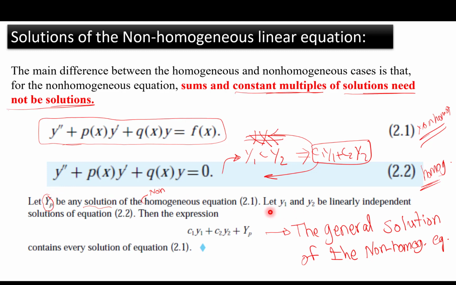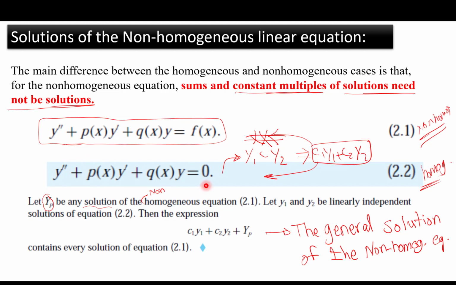Then we are going to assume that for the same left-hand side, we equate it to 0. So there is a homogeneous equation in this case, equal to 0. We call this the associated homogeneous equation.